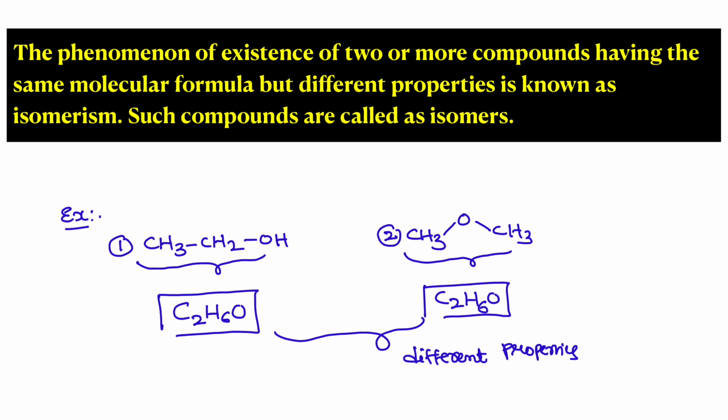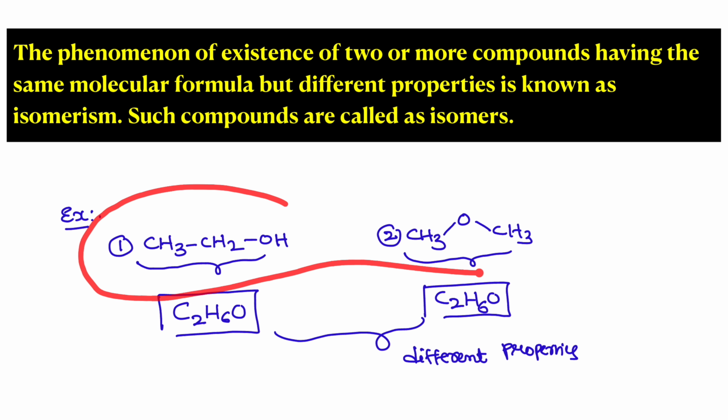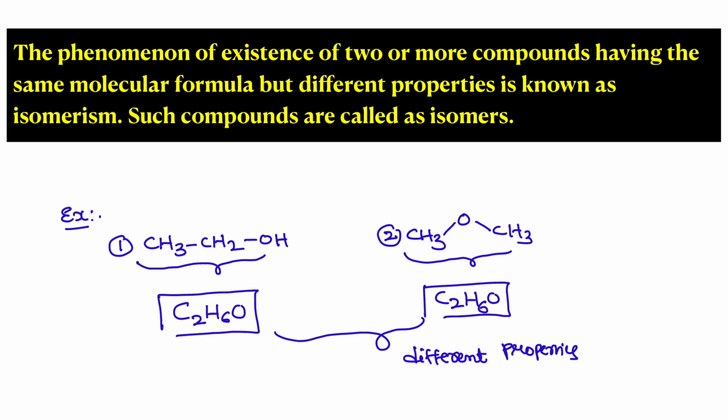Here these two molecules, 1 and 2, are said to be isomers. Iso means same, mer means a molecule.